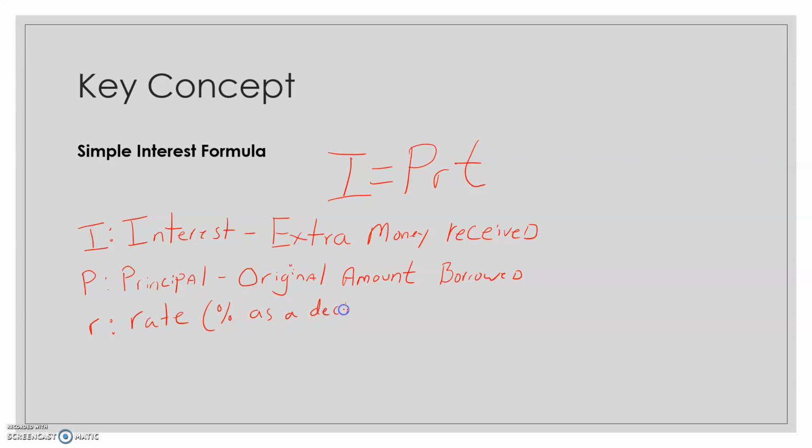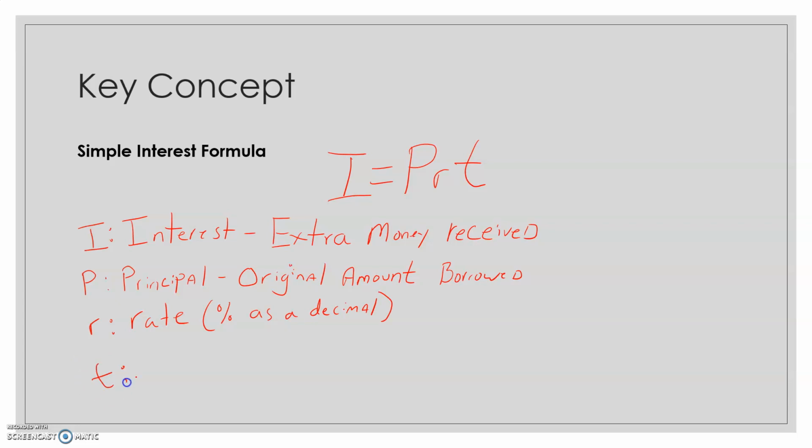So when we put it into our problem, we're always going to write it as a decimal, which means we take whatever the percent says and move our decimal place 2 places to the left to turn it into a decimal. And that includes if it's already like a decimal percent. So if it's 4.5%, it's not a decimal, it's still a percent, and so we need to move the decimal place 2 places to the left and make it 0.045. So to change the percent to a decimal, move the decimal place 2 places to the left.